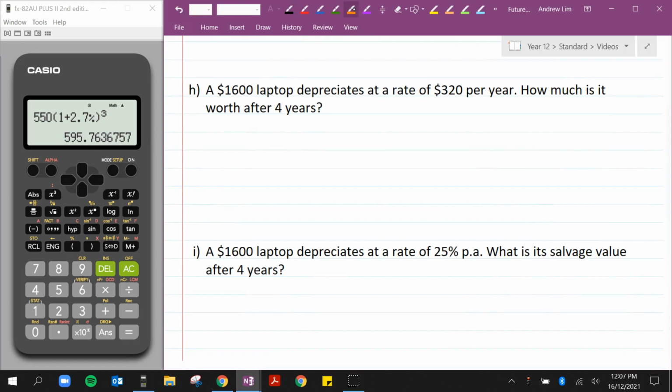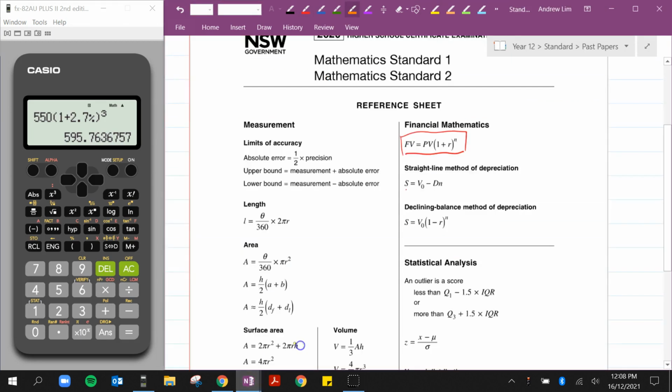Question H. A $1,600 laptop depreciates at a rate of $320 per year. How much is it worth after 4 years? So here we're using depreciation and it's telling us it's going down by that much per year. So when we look at our formula sheet, we are going to be looking at this formula, not the other one, because it's an amount per year, not a percentage per year.